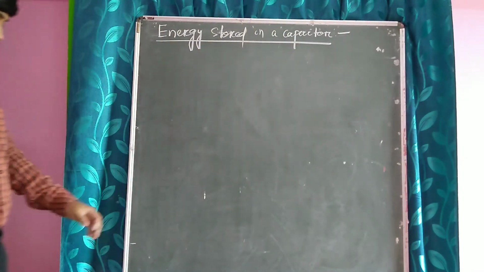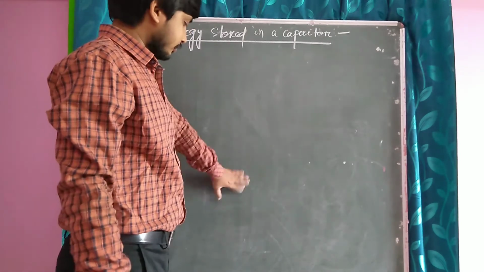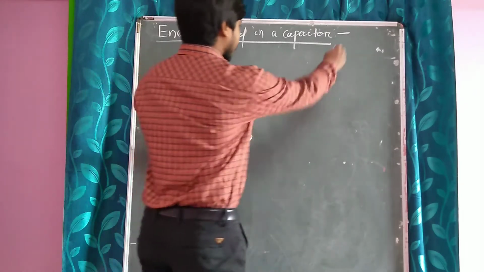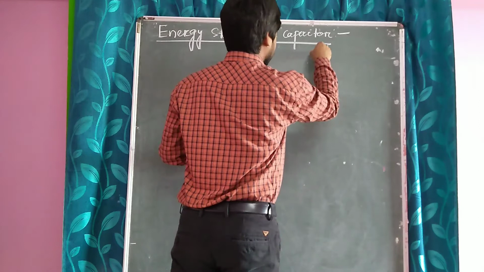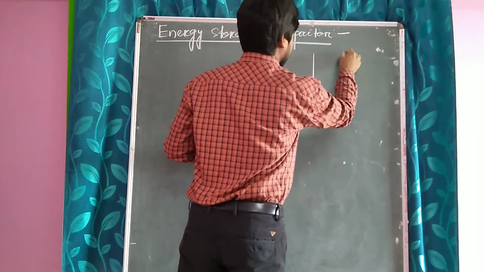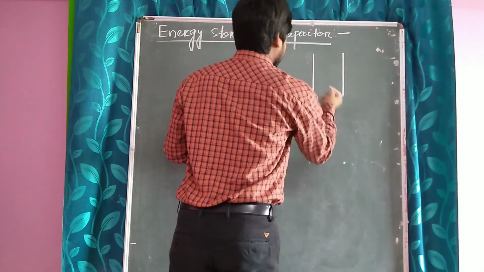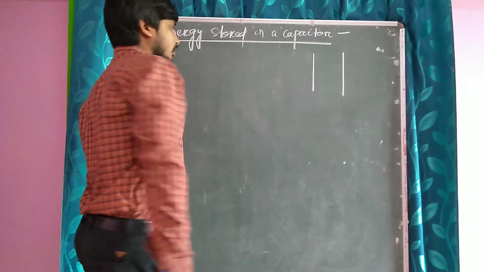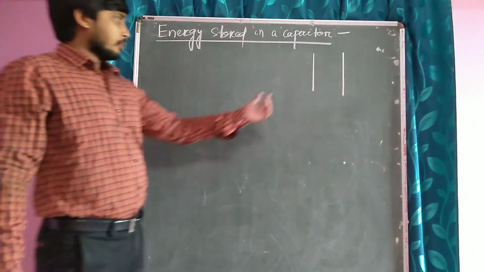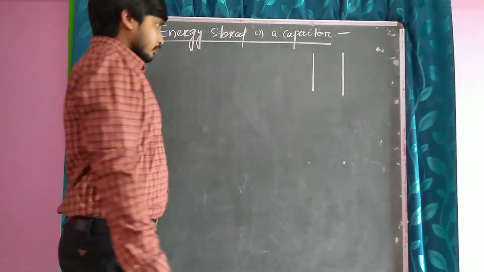Is it clear? Energy stored in a capacitor means, suppose first consider a capacitor, a neutral one. Between the two plates, an insulator is there.